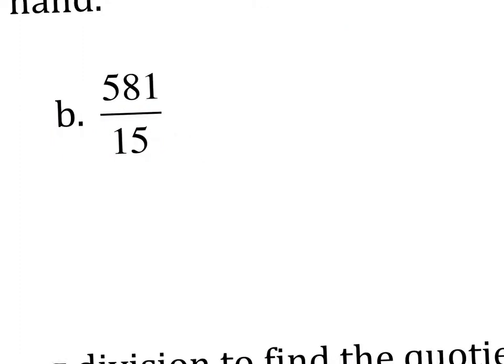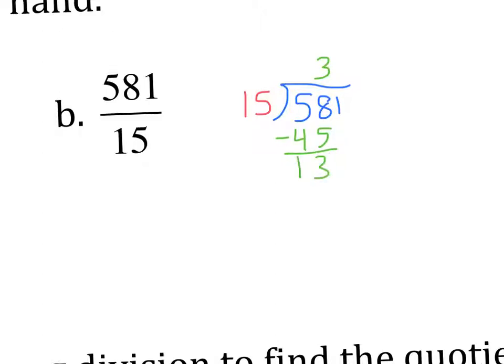So now when we take a gander at this puppy here, this is my dividend, this is my divisor. So 581 is inside, and the 15 is outside. So I ask myself, how many 15s are inside of 58? And the answer to that is 3. So I get 3 times 15 is 45, and I bring down the 13 there.